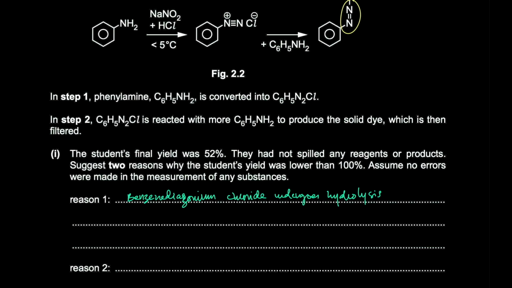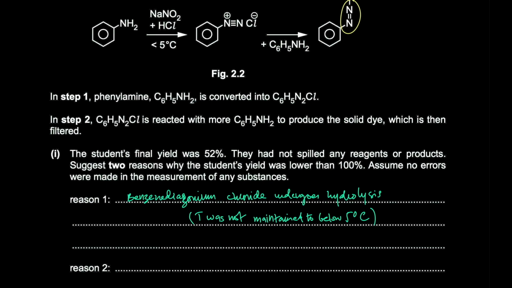The reason it undergoes hydrolysis is because the temperature was not maintained at below 5 degrees Celsius, which would result in the hydrolysis of the benzene diazonium chloride.